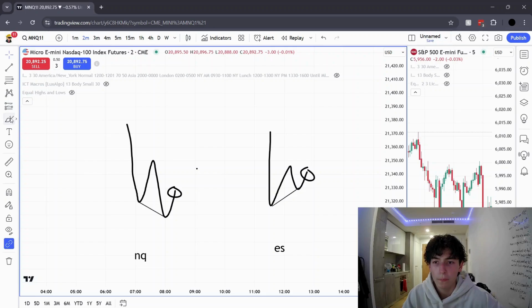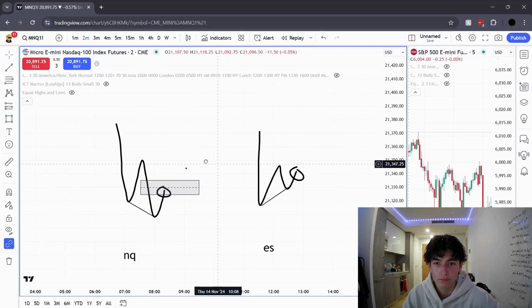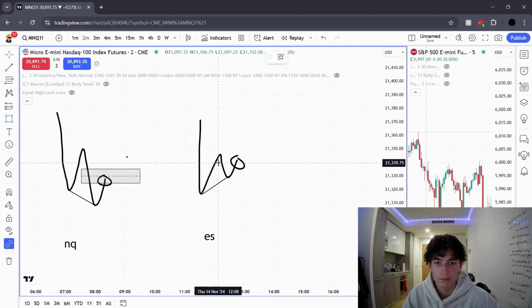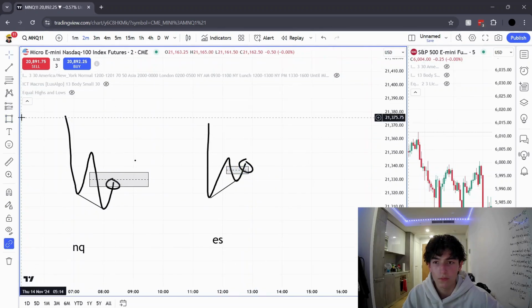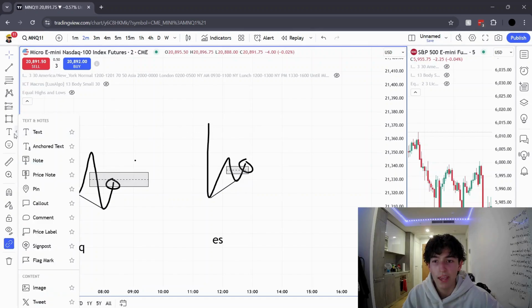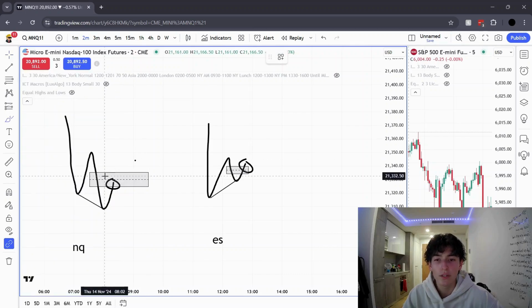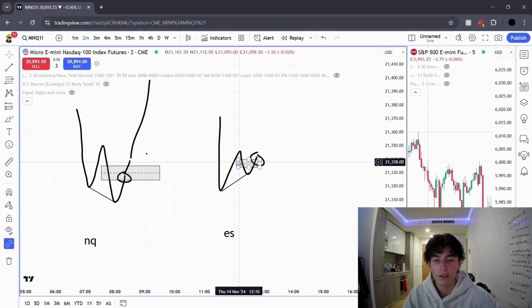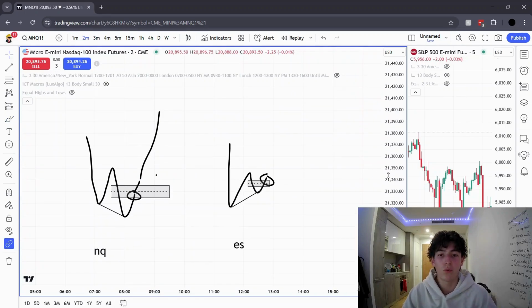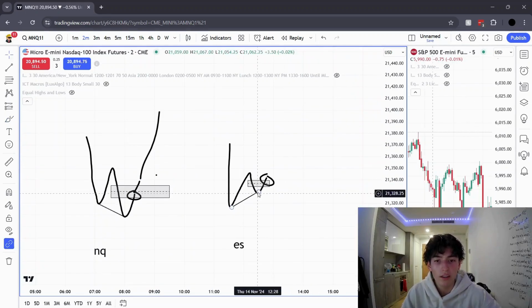So let's say right here, it reverses a gap and it closes above it. And we have an SMT. Then that tells me most likely it's going to go higher, right? Because in ES, which is the fortune teller, it's already higher, right?